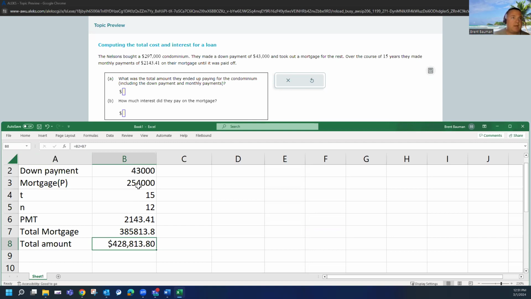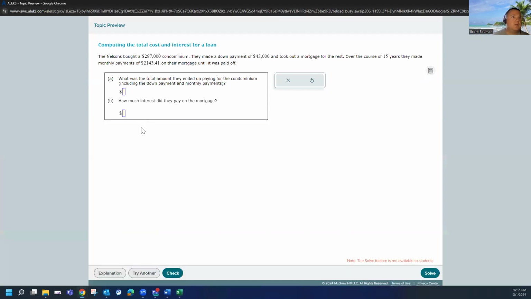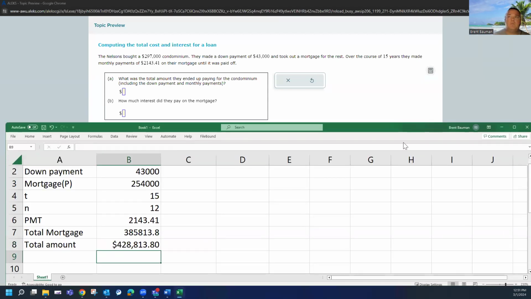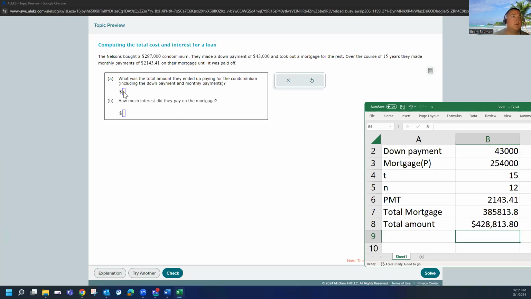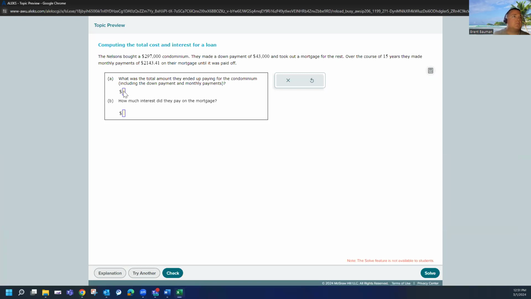And then we're adding back on the down payment that we paid up front. Okay, so let's type that in. So I have $428,813.80.